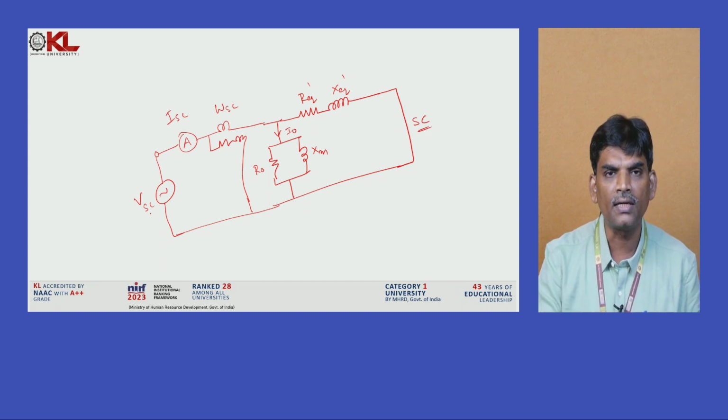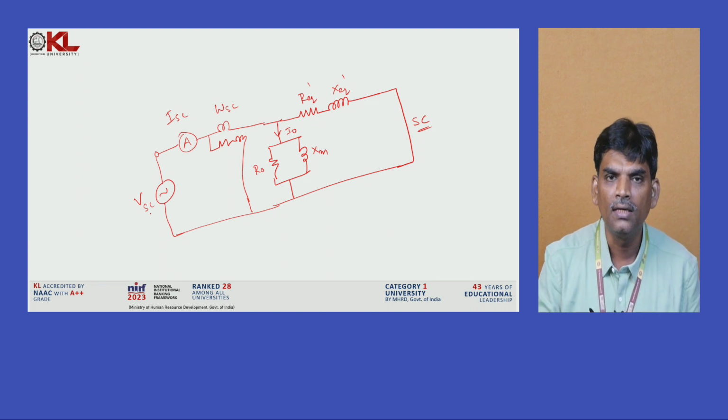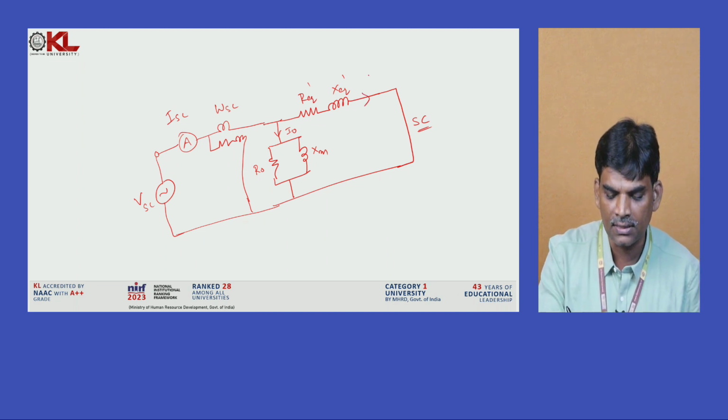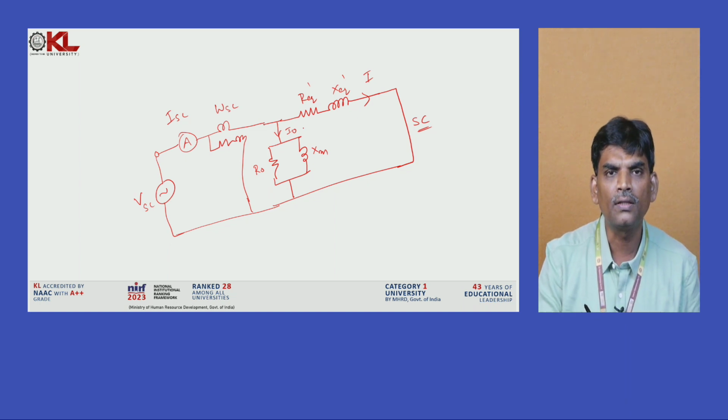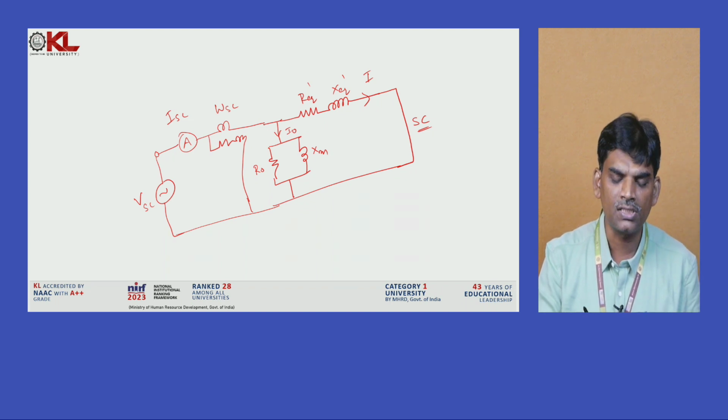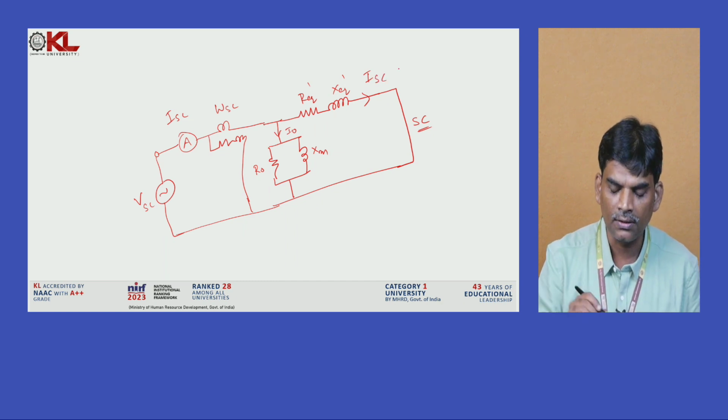Compared to that, the I naught value is already very small because of the high impedance, so it is neglected compared to the rated current. In the SC test, I naught is negligible; with 1000 amperes, 1 amp is not significant. To avoid complications, I naught is neglected, so the remaining current goes through the series branch only.